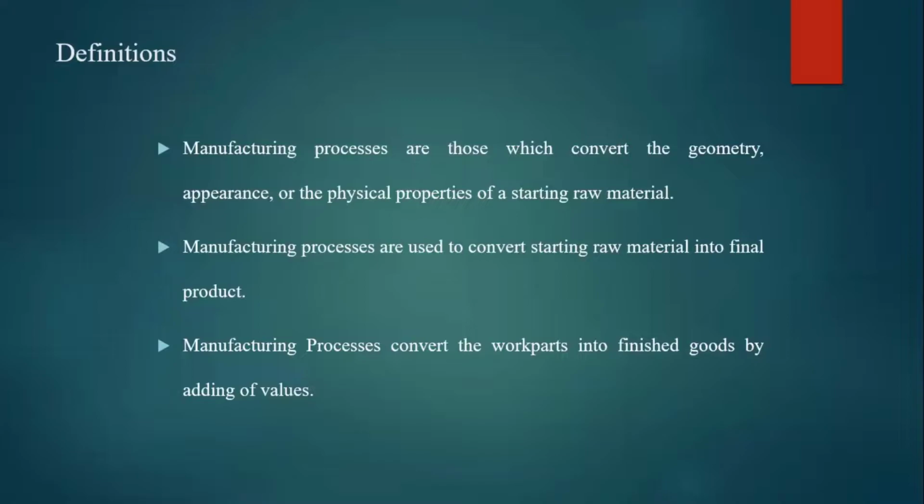So the manufacturing processes can convert the shape, the geometry, the appearance, the physical properties, the hardness, ductility of the materials. The manufacturing processes are used to convert starting raw material into the final part or the product.